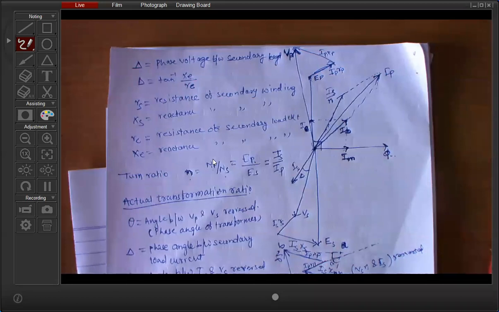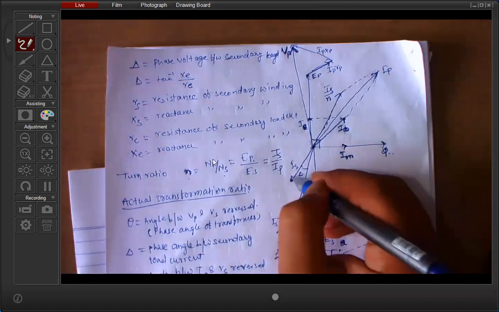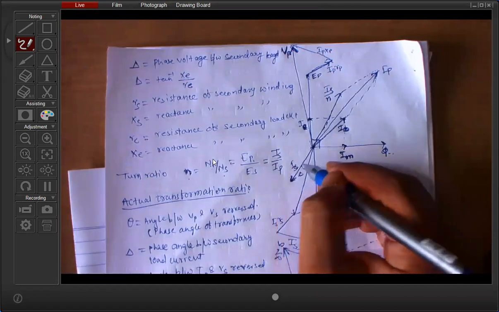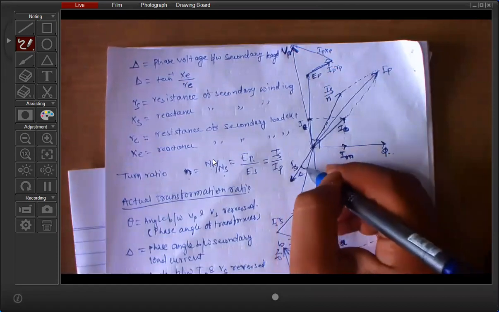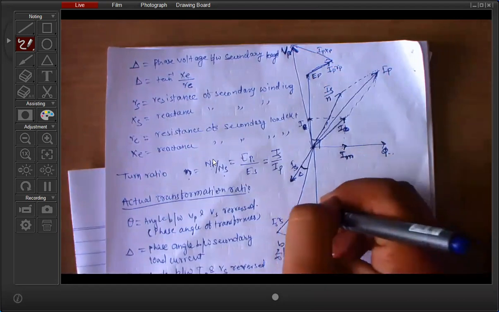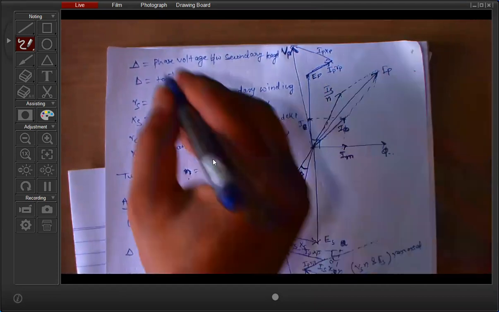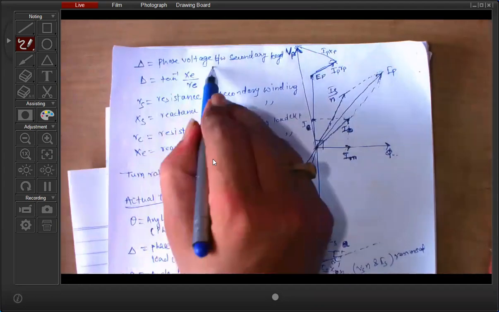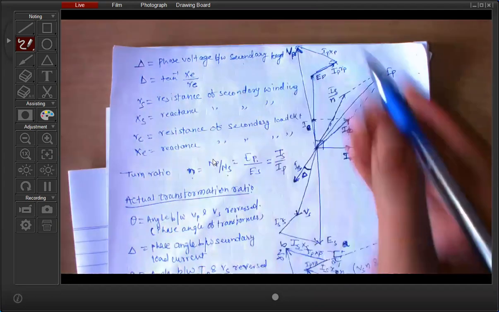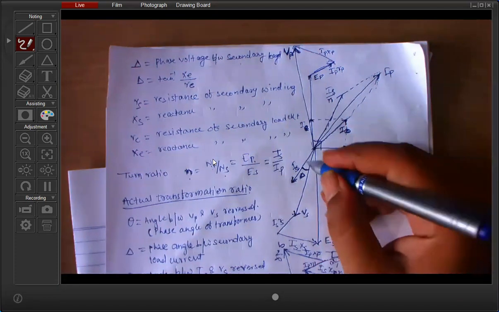Suppose IS is leading the secondary side voltage VS by angle delta. What is delta? Delta is the phase angle between the secondary voltage and the secondary winding current, that is, the angle between VS and IS.